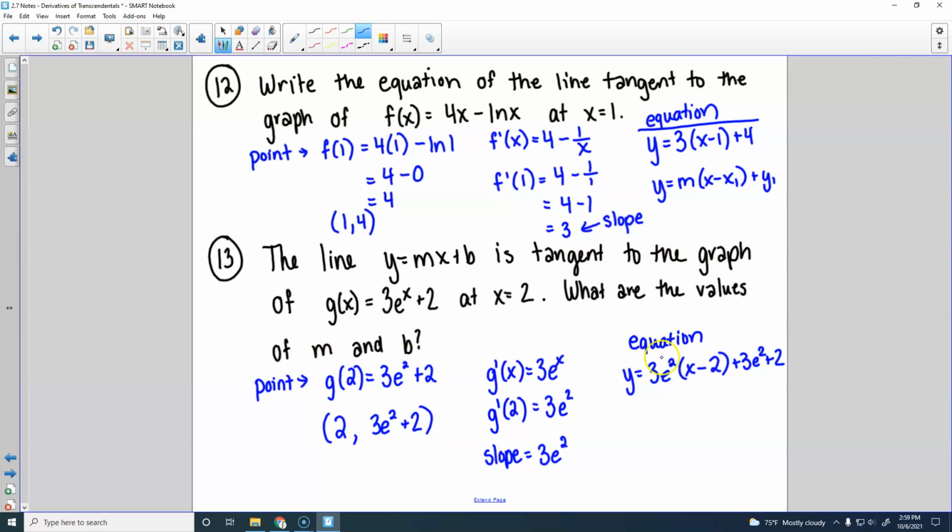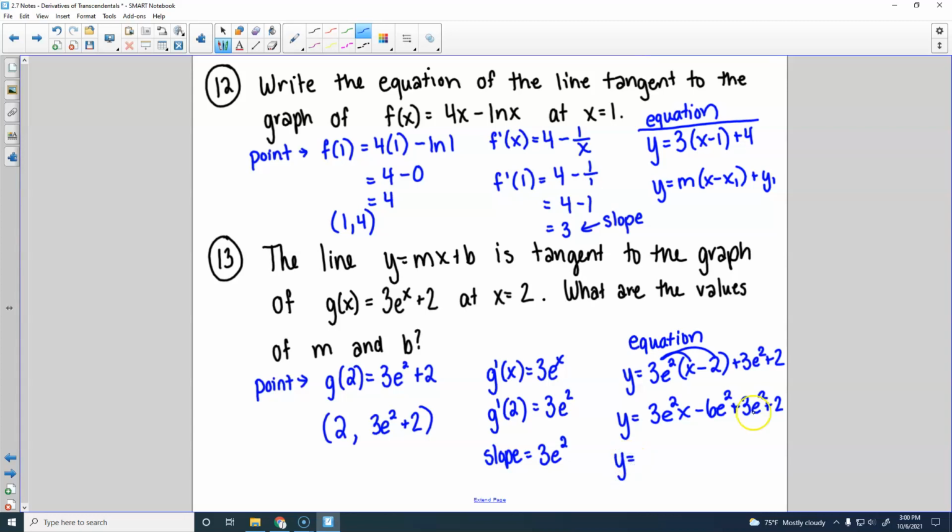So to do this, we are going to distribute that 3e squared to the x. B is your y-intercept. So we got 3e squared times x minus 6e squared plus 3e squared plus 2. Have I got anything there that I can combine? Minus 6e squared and 3e squared.